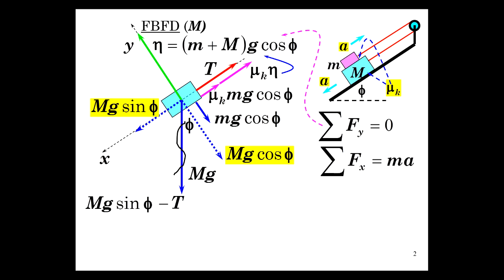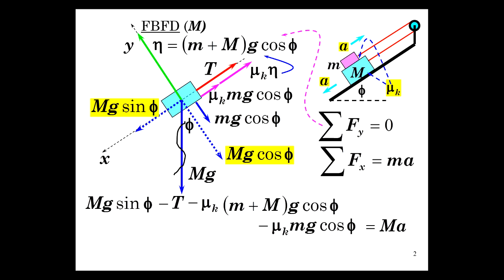So we have tension pulling against it. We have mu k times normal, which is little m plus big M times g cosine of phi. So that's the force of friction, and the force of friction from the little block, mu k little m g cosine of phi, equals ma.